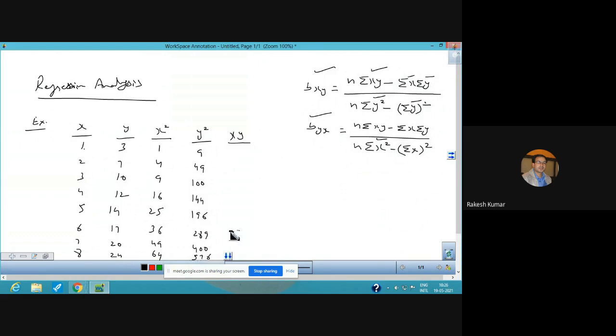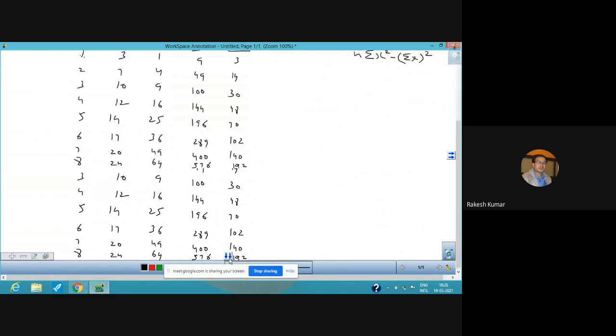Similarly, x into y means 1 into 3, that is 3, 2 into 7 is 14, 30, 48, 70, 102, 140, and 192. So these are the values of the columns.